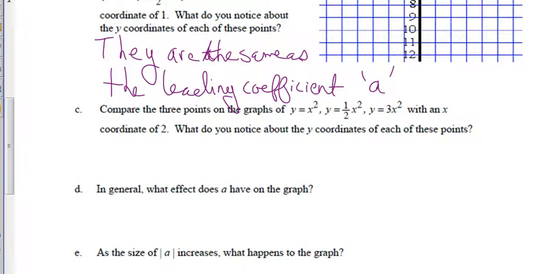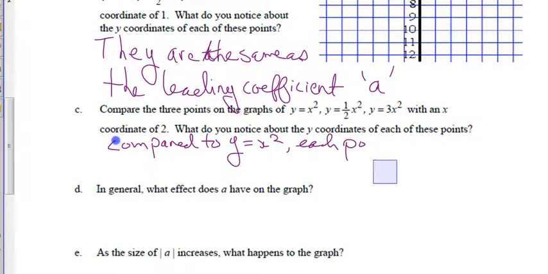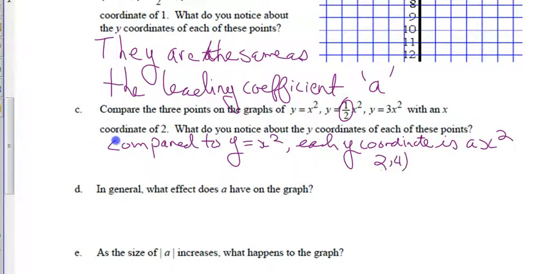Compared to y equals x squared, each y coordinate is greater by a factor of A. The function is ax squared, so you multiply by the value of A. So 1/2 x squared gave us (2, 2), half of the y coordinate, we had (2, 4), and we had (2, 12), so the y coordinate was multiplied by 1/2 or by 3, depending on which one we were looking at.